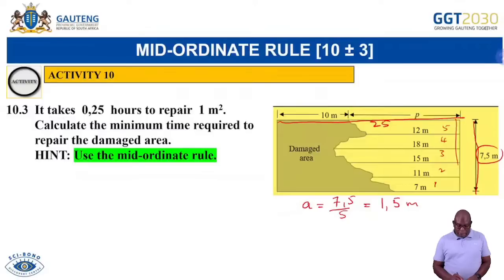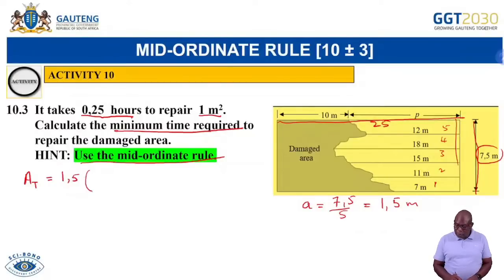Now, let's read the question. It takes this hours to repair 1 square meter. Calculate the minimum time. And they gave you the hint there. So which means I'll go and calculate the area of T, which is going to be my A. What is my A? 1,5. I'm going to use the second formula, which is O1.